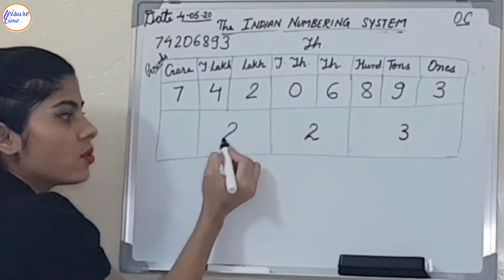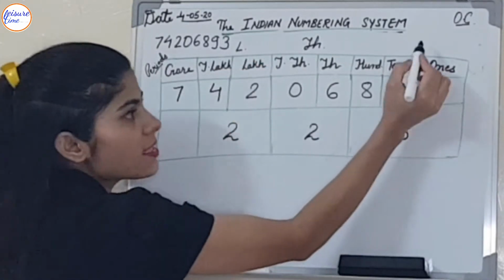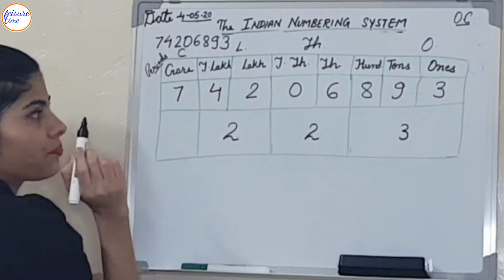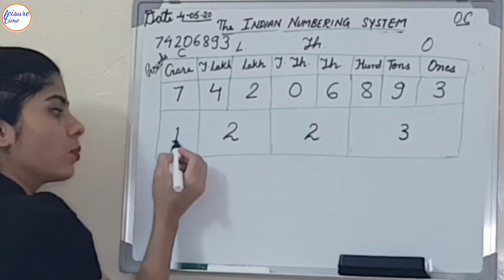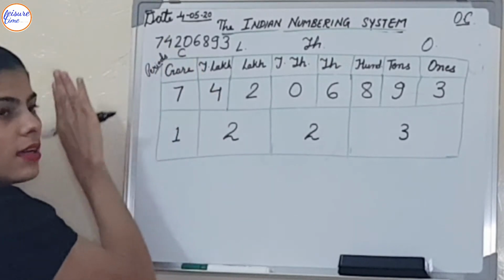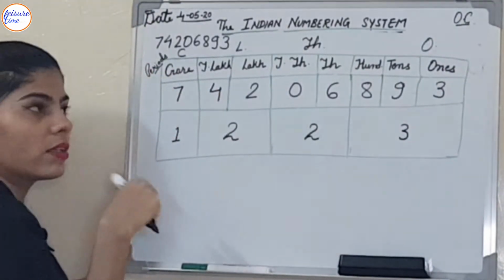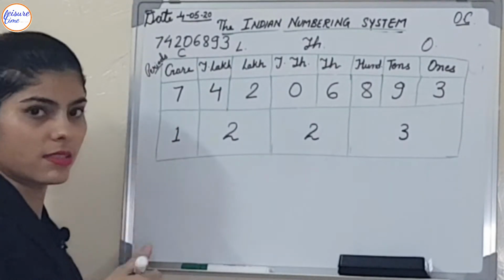We have 2 digits in the lakh group. Now we have the crore group. We have only one digit in the crore group. There is 10 crore after crore, but this 10 crore we will discuss in our next classes.